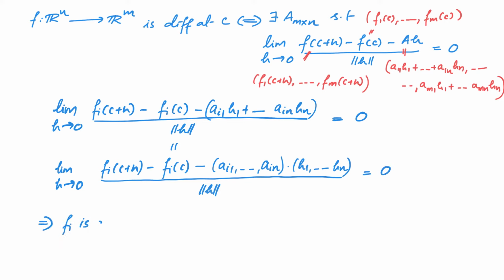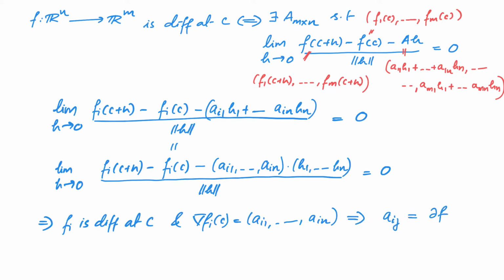More precisely, this implies that fi is differentiable at c for all i, and moreover, the gradient of fi at c is equal to (ai1, ai2, etc. up to ain). As this is true for all i, this would imply that aij is equal to del fi by del xj at the point c.